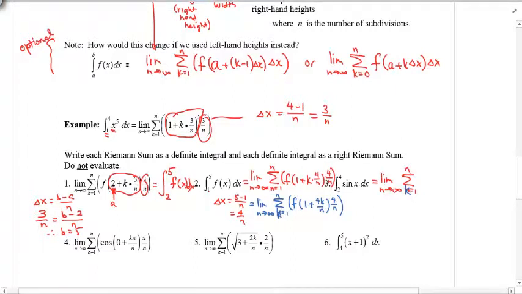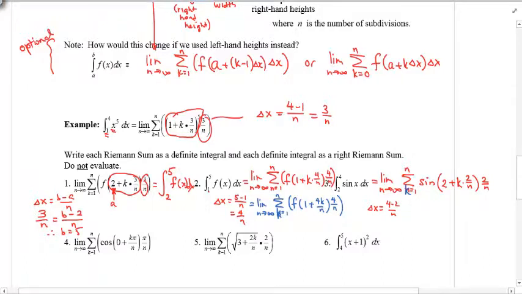Okay, and in this case it's not f anymore because I gave you a function, so I'm going to write down sine of, and the question is, what is my x value? Well, I'm starting at the a value of 2 plus the k times, and now once again, what's delta x? I believe it's just 2 over n, and then 2 over n.